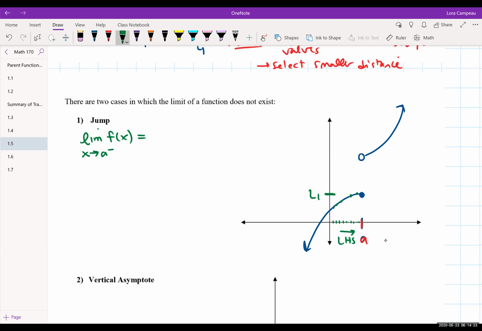That is equal to L1, whatever that Y value happens to be. Those Y values appear to be getting closer and closer to that limit.